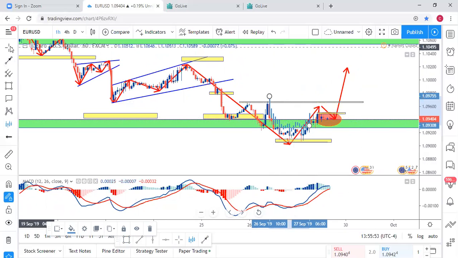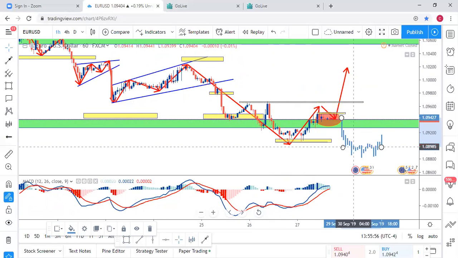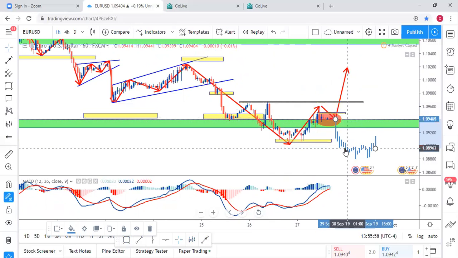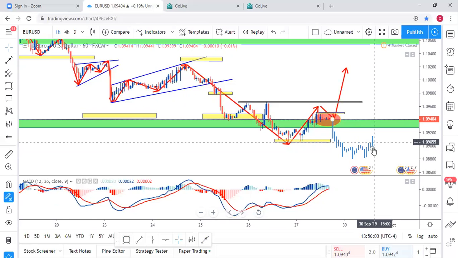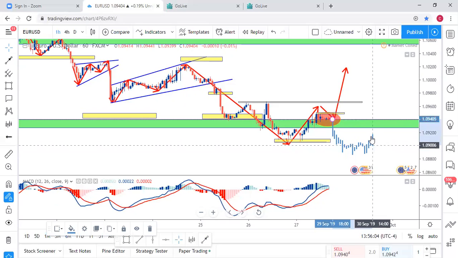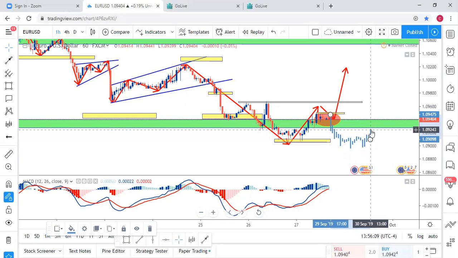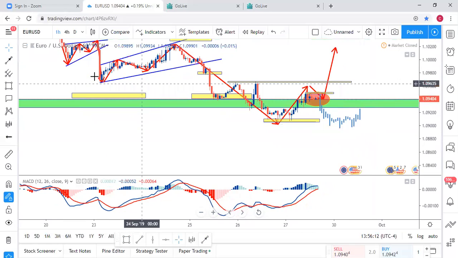I love this tool. So you're basically looking from here, if the market goes below, you're looking for the market to come and do this.